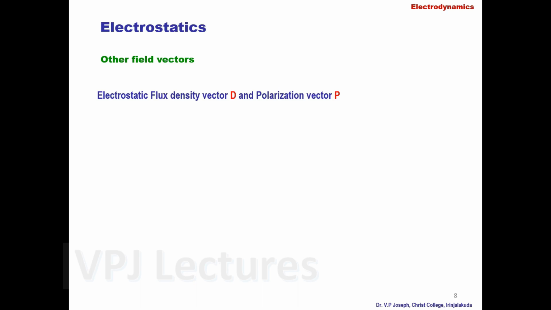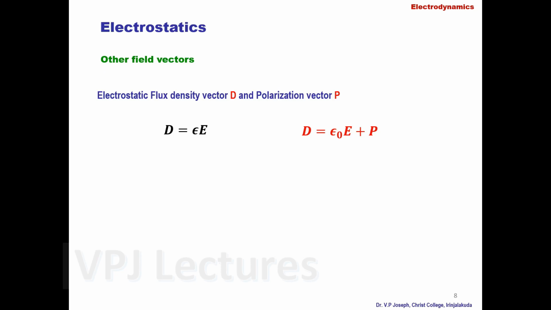In the case of free space, we represent the effect in terms of the E vector, whereas inside a material medium, we represent this in terms of the flux density vector D, and D is given by epsilon E. D equals epsilon times E, where epsilon is called the permittivity of that medium. And the most general form of that equation is given by D equals epsilon 0 E plus P, where P is called the polarization vector and D is the electric flux density vector.